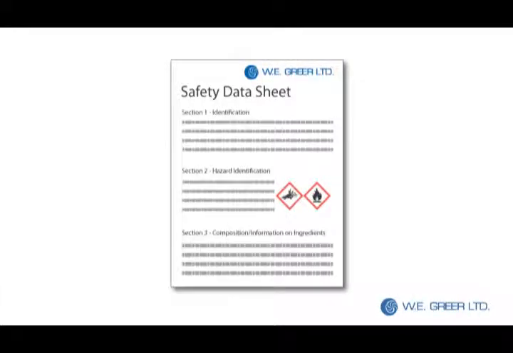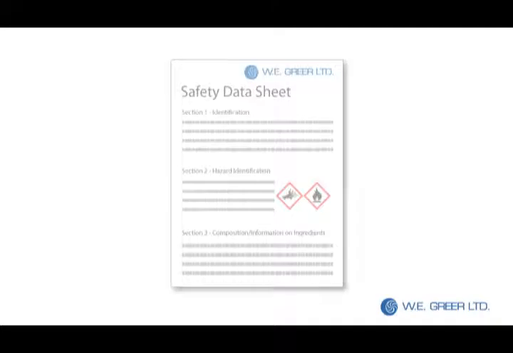Safety data sheets following the GHS format have the same headers in the same position all the time, making it easy and quick to locate the information you need.